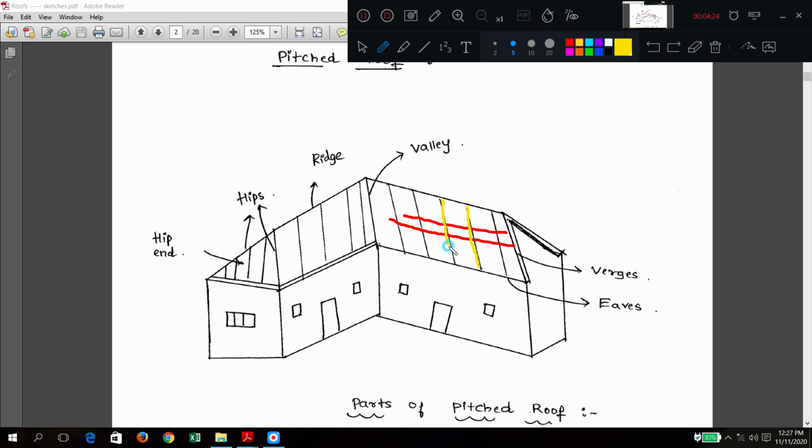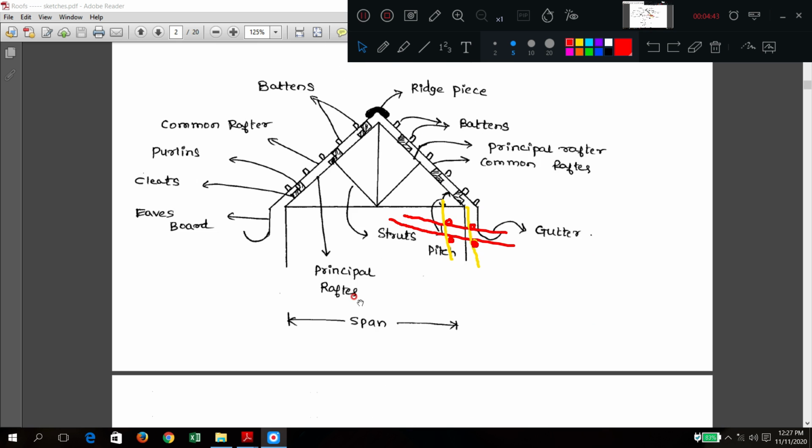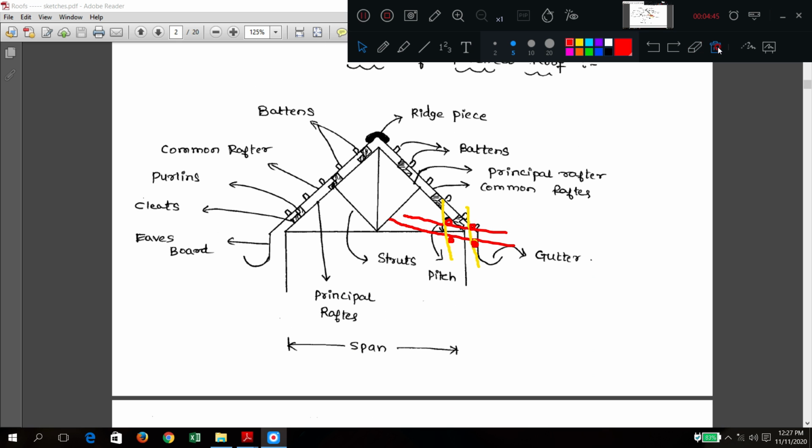To fix these two, we have some members. What are those members? Cleat angles. These are small joining elements called cleat angles. We will see them in the cross section. I hope you are understanding now.